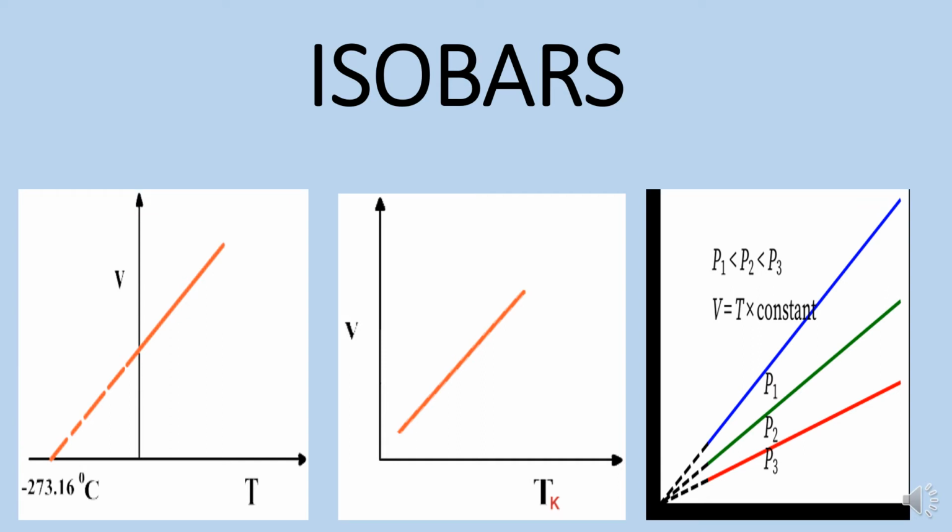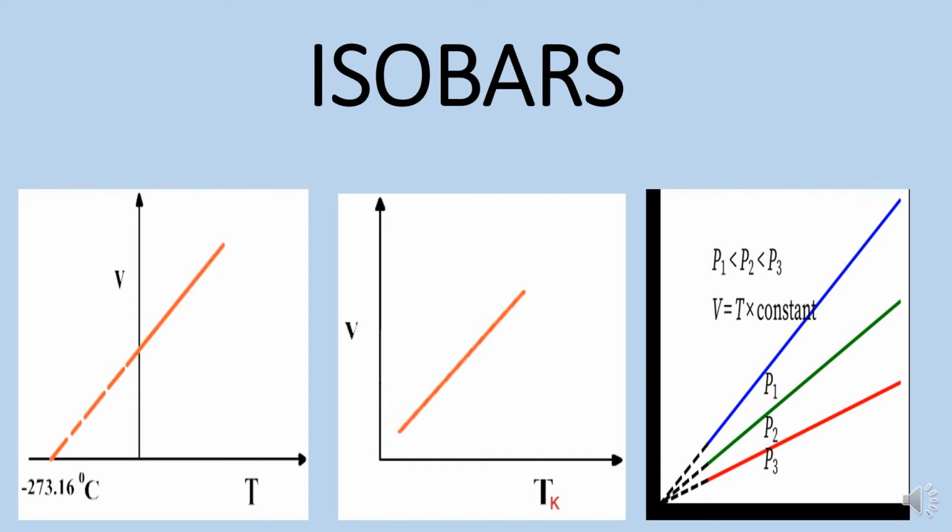When volume and temperature are plotted with temperature in degrees Celsius, the curve is obtained like the first curve, where you can see that the volume becomes 0 at minus 273.16 degrees Celsius. This temperature is called the lowest possible temperature, or you can say at this temperature the volume becomes 0, meaning gases cease to exist at 0 Kelvin.